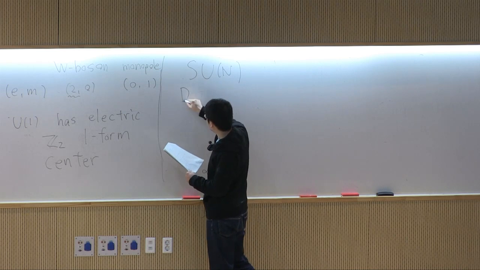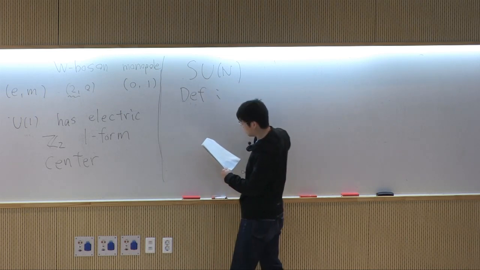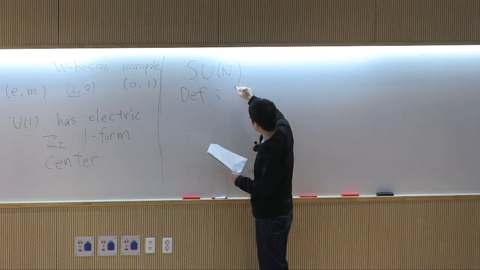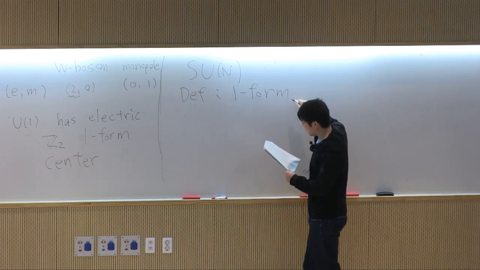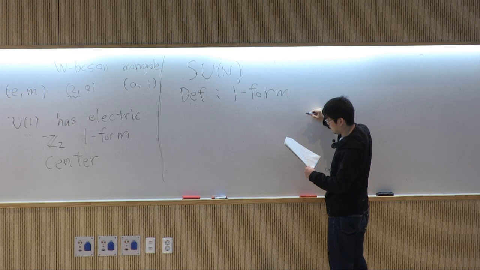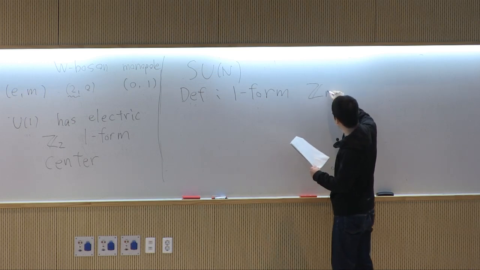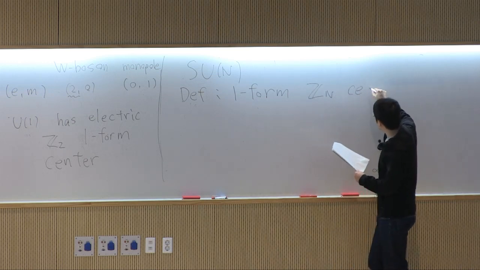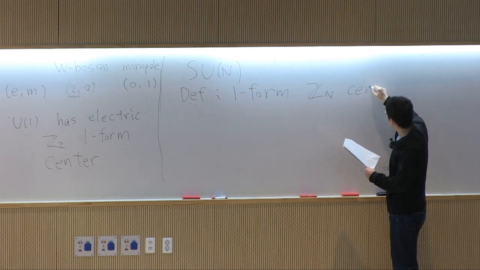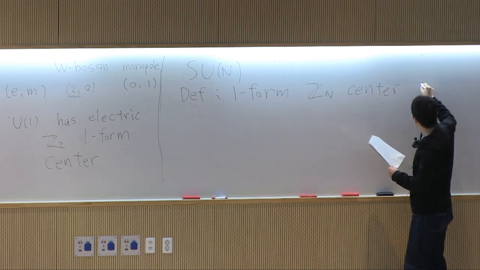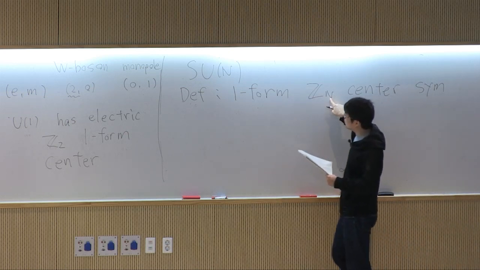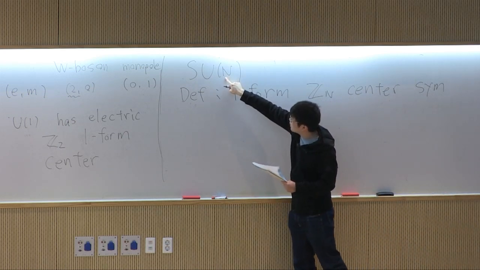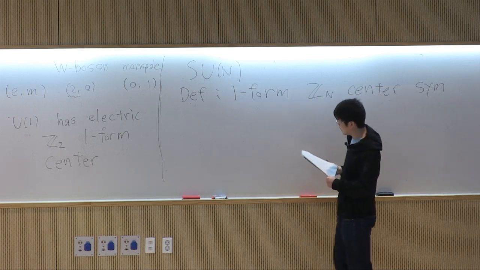Then the definition of one-form Z_N center symmetry is the following. Here, this N is the same N as in SU(N).